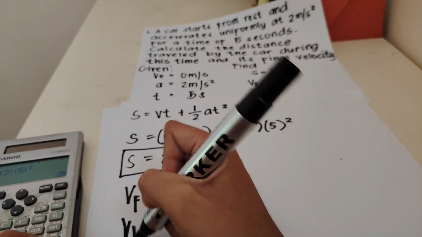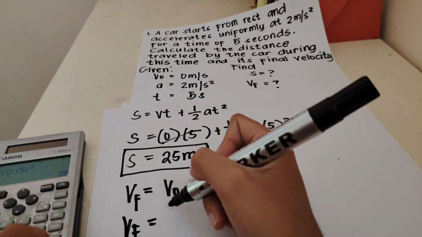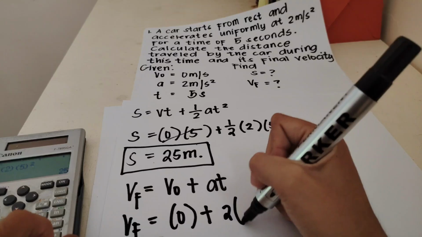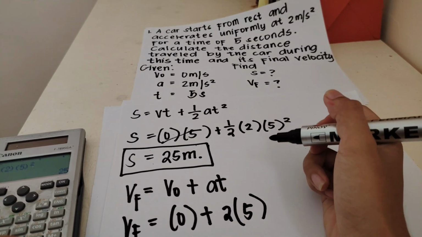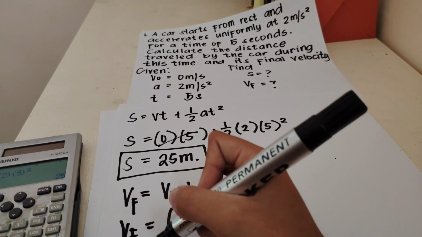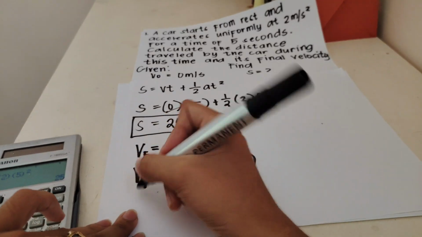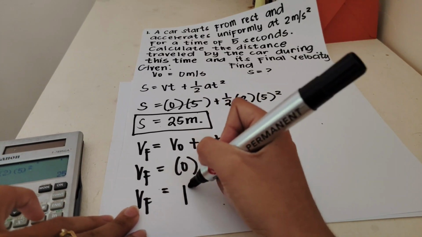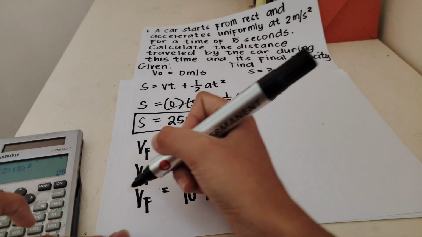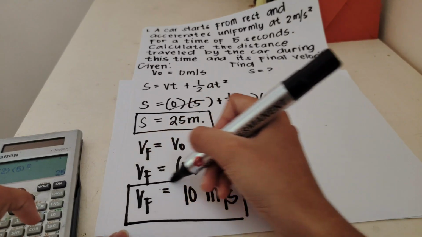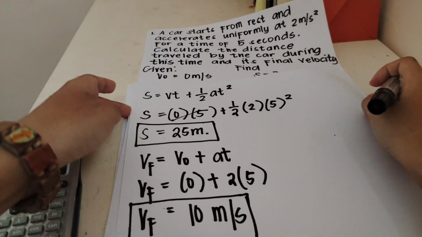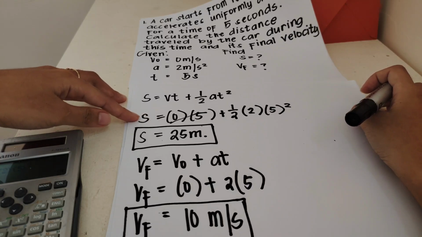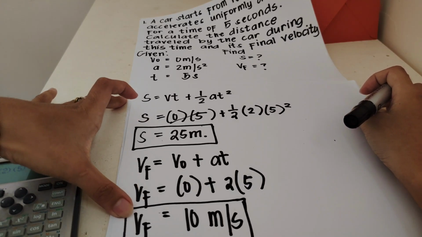So the final velocity is equal to 0 plus 2 times 5, which is 10 meters per second. So we have now our answer. This is the distance traveled by the car during this time, and this is the final velocity.